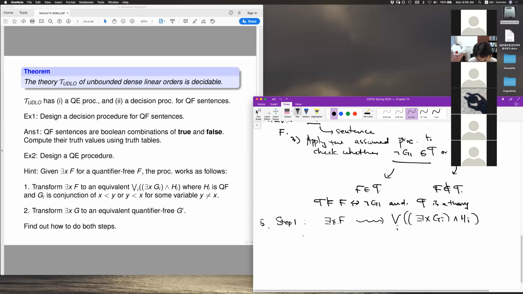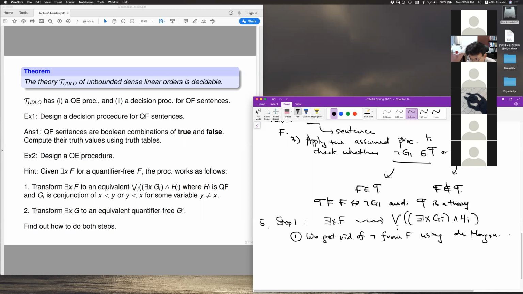We do it by going through multiple steps. First, we get rid of negation from f using De Morgan.